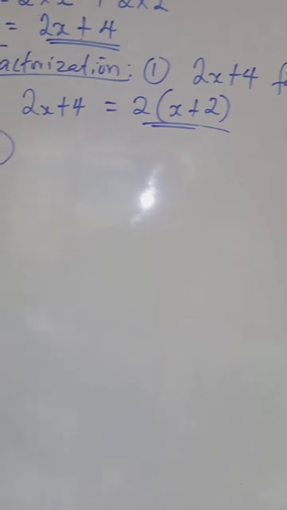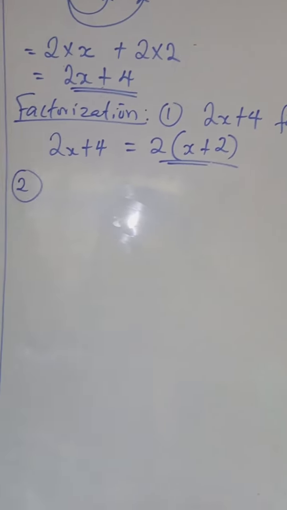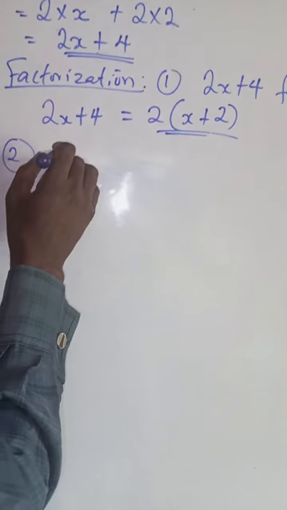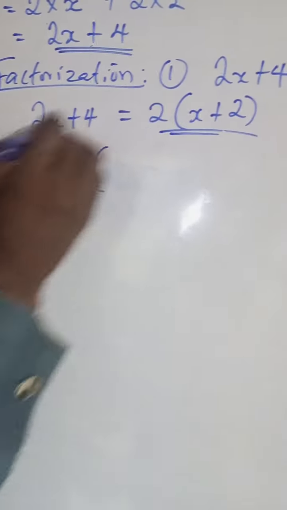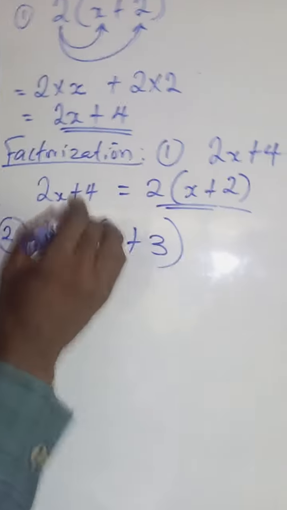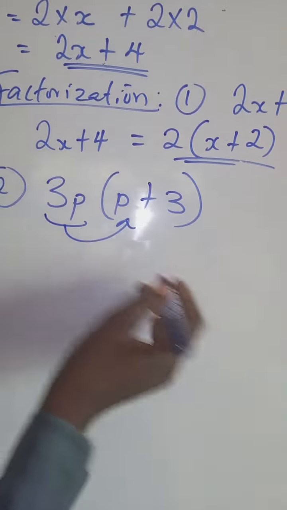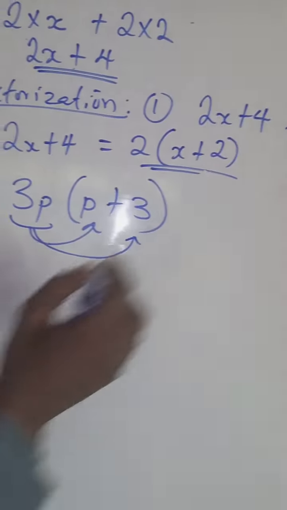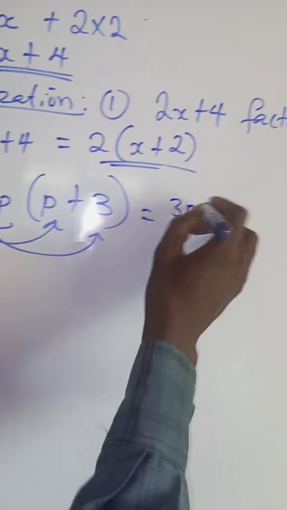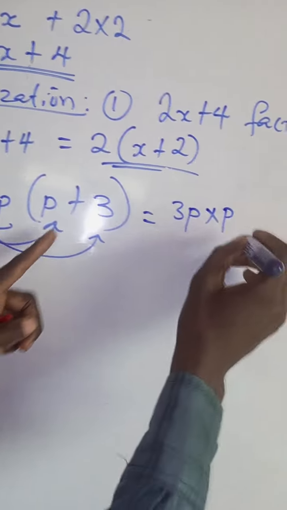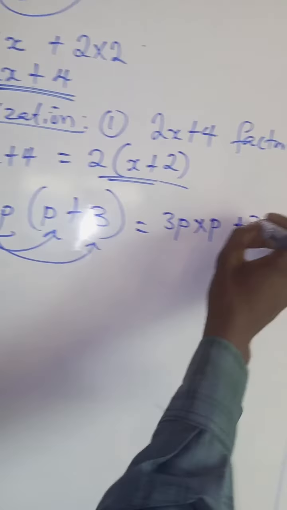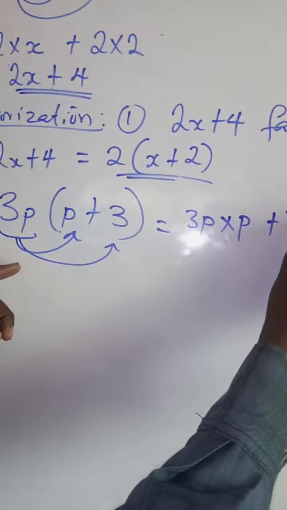So let's still do another single. We have 3p, open bracket, p plus 3. So all this one is multiplied by this plus all this multiplied by this. So this will give us 3p multiplied by p plus the same 3p multiplied by 3.